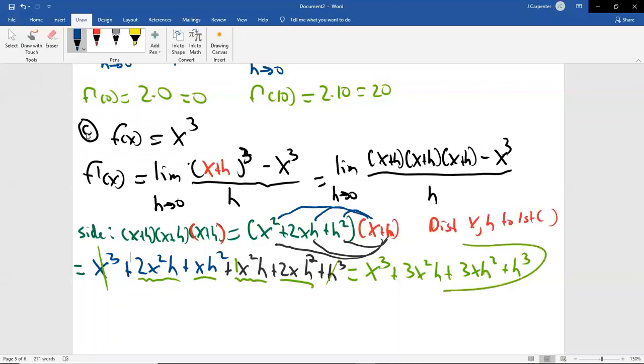So this right here is what's going to be plugged into the 3 parentheses being multiplied. I'm going to erase that in just a second. But that was the side work. So we can go back to the limit now.